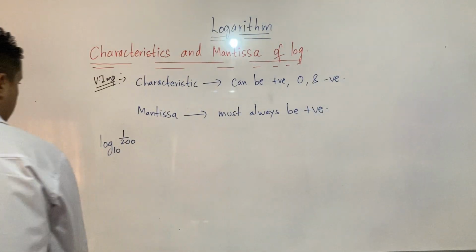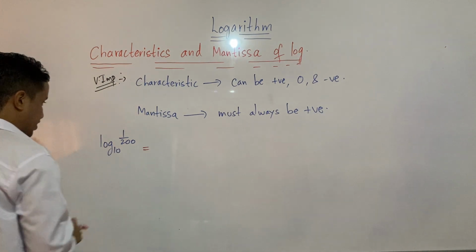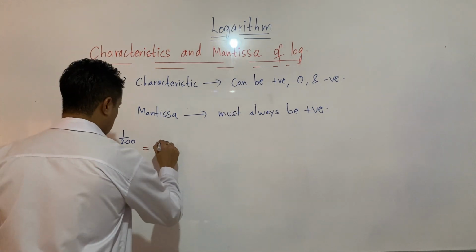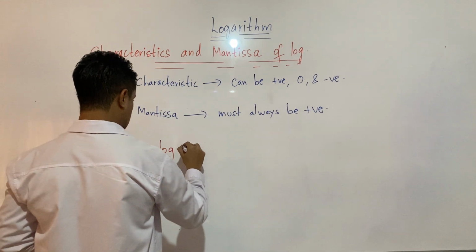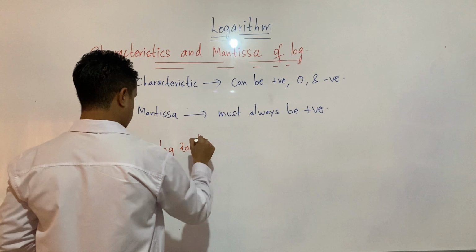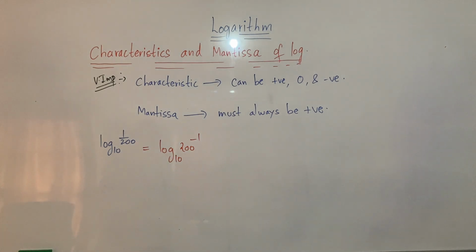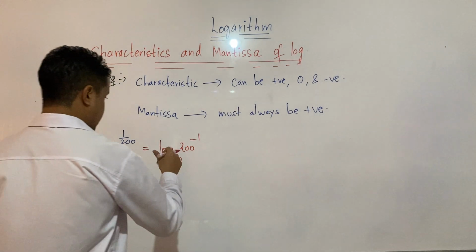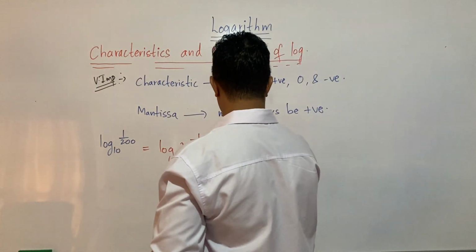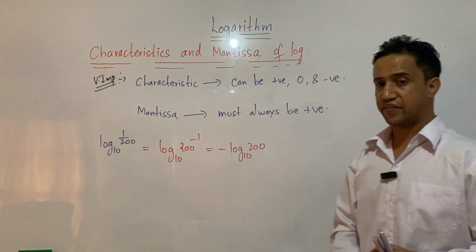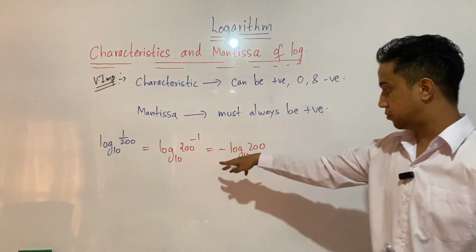This thing can be written as log of 200 to the power minus 1, to the base 10. And this can further be written as minus log 200 to the base 10. I did nothing. Log of x to the power n is n log x, so minus comes in front.